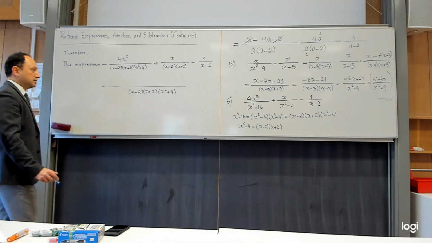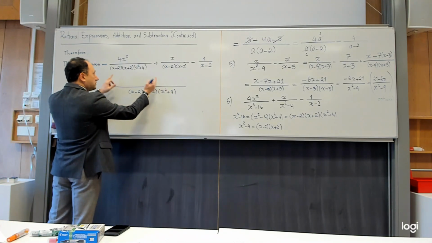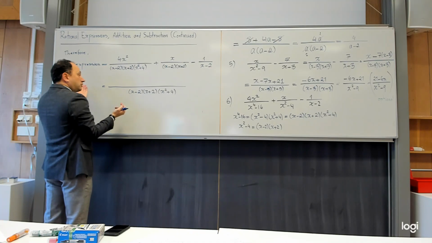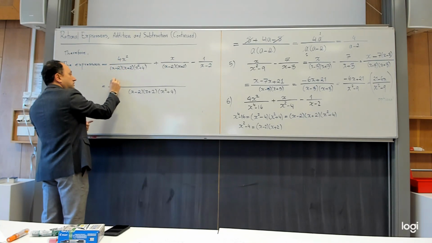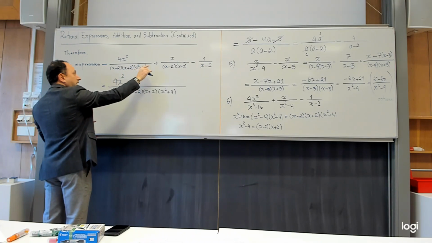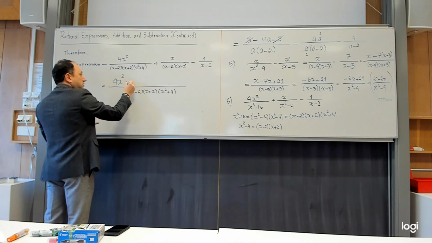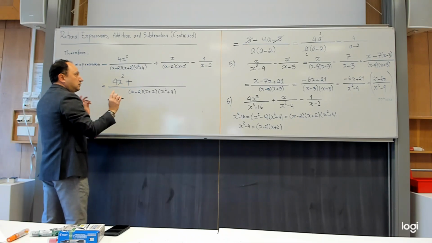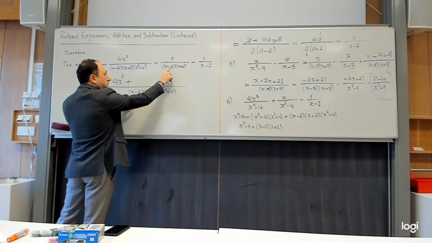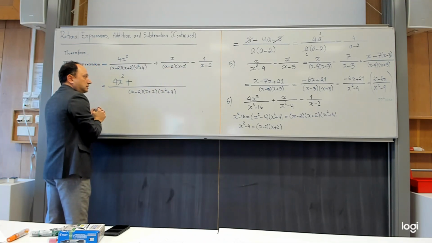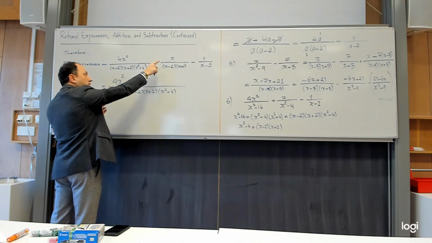Now do it in your head. If you divide this expression in your head by that expression, what is left? 1. And then you multiply 1 in the numerator of that expression, so it's 4x squared. Next, you see addition, so you put addition before going further. And then what you need to do in your head is take this one, and then divide it in your head by that one. What is left? Plus 4, and then you multiply it in the numerator.